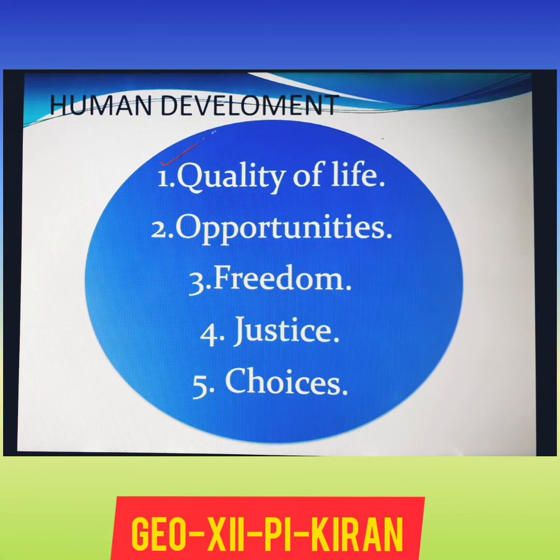The first one is quality of life. From the examples I have given, you have understood the improvement in the quality of life. We have seen the literacy rate increase, the number of educational institutes increase, and the hospital facilities also increased. Some of the examples we have taken.